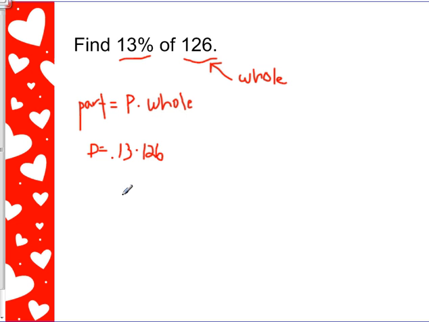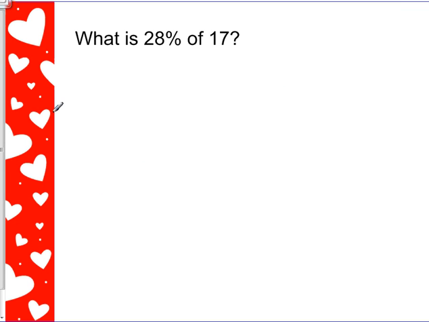All right, and once you solve those, you will get p, or the part, is equal to 16.38. All right, so this is an example of how to do it using an equation.